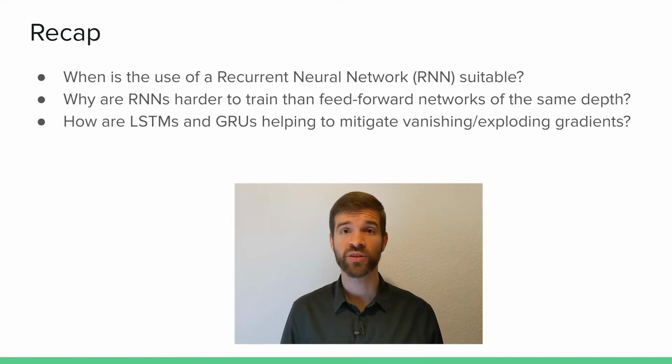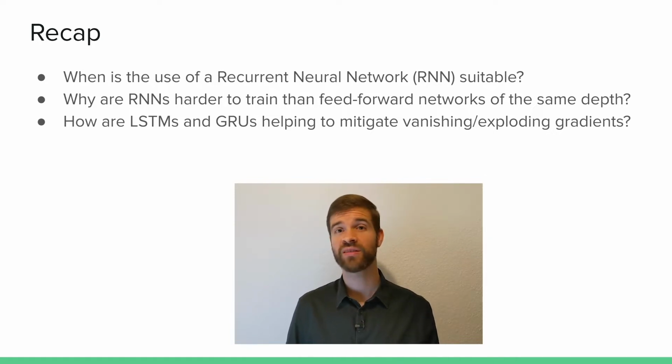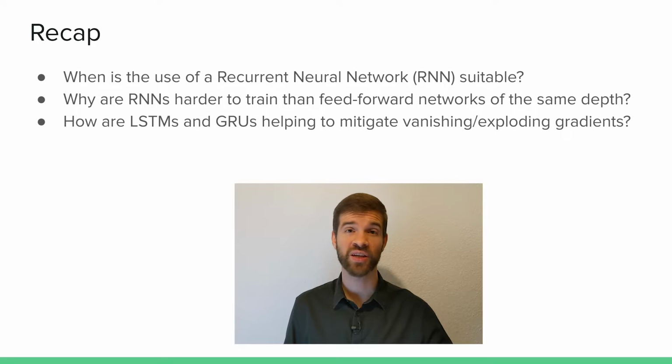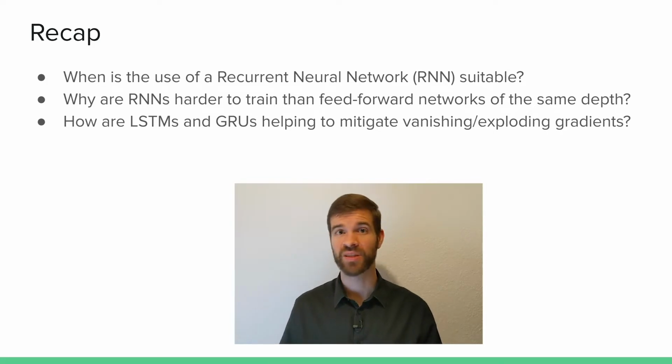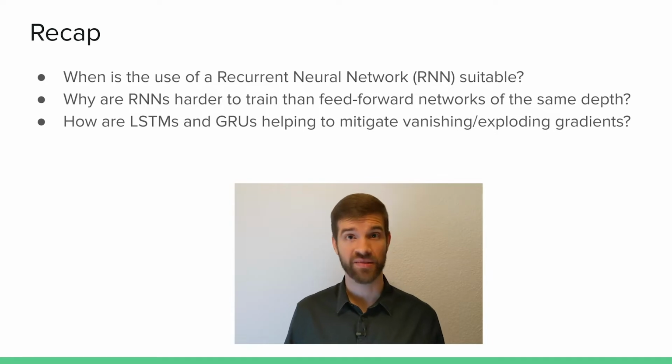LSTMs and gated recurrent units are special types of recurrent neural networks that we took a look at last week. They help us to mitigate the vanishing and exploding gradient, and they do it in basically two ways. One way is they replace the matrix multiplication with an addition. So you have your input signal and your weight matrix, and you add them instead of multiplying them. The second thing is that they introduce gates.